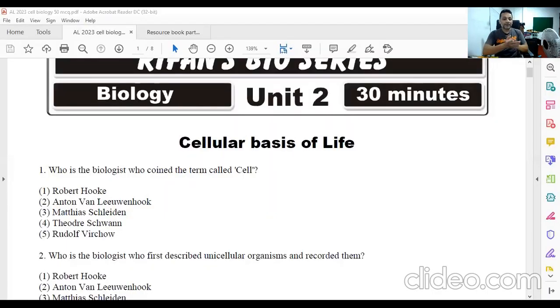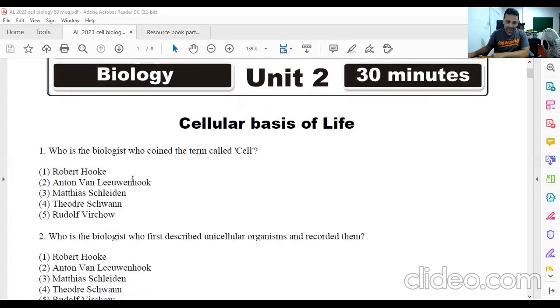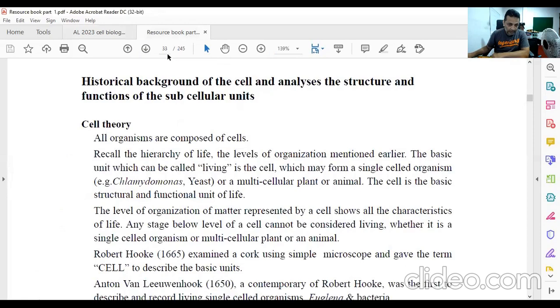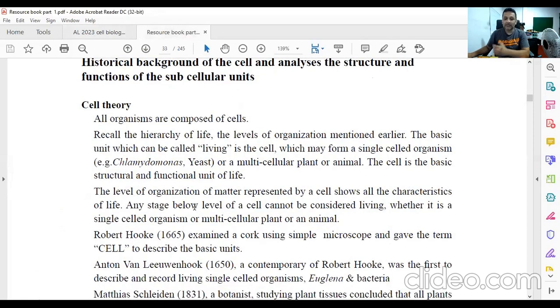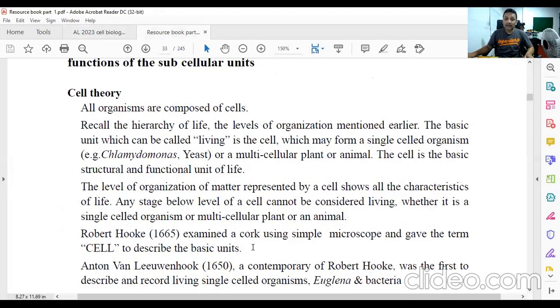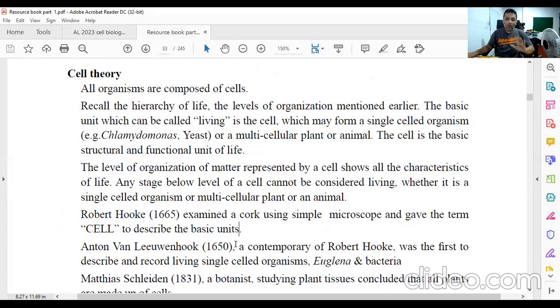The first question you have been given: who is the biologist who coined the term cell? According to the resource book, certain biologists and their contributions on the cell have been given to you. One is Mr. Robert Hooke.